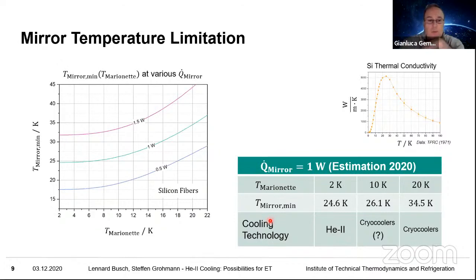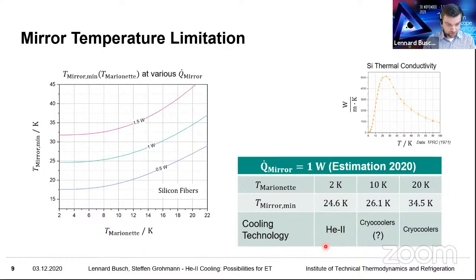Yes, thank you. Reaching values close to 2 Kelvin with helium-2 capillaries is definitely a realistic scenario when we would have the helium-2 stationary and capillaries going all the way to the marionette.